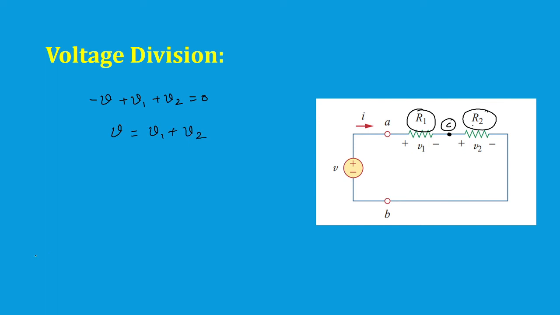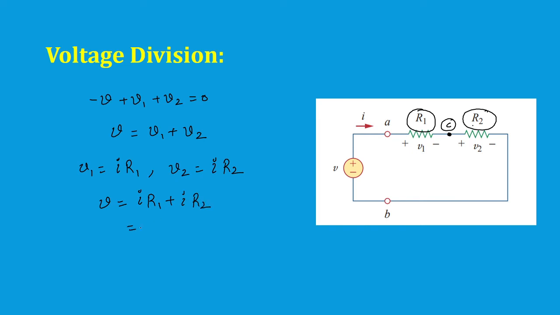When current is flowing through each of them the same way, from Ohm's law we can write V1 is equal to I into R1, and V2 is equal to I into R2. If you substitute it here, I get V is equal to IR1 plus IR2.